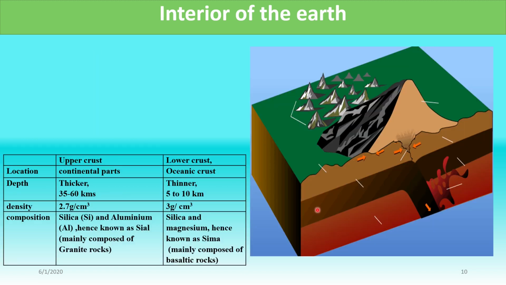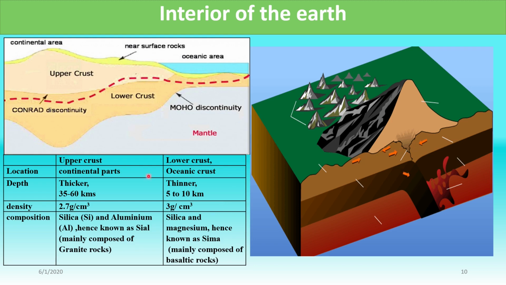Interior of the Earth. Continental area is much thicker, that is the upper continental crust. The other surface rock is above the oceanic crust. Oceanic crust is much thinner. The discontinuity is between the upper crust and the lower crust, and between mantle and crust, that is the lower crust, with the Mohorovicic discontinuity.